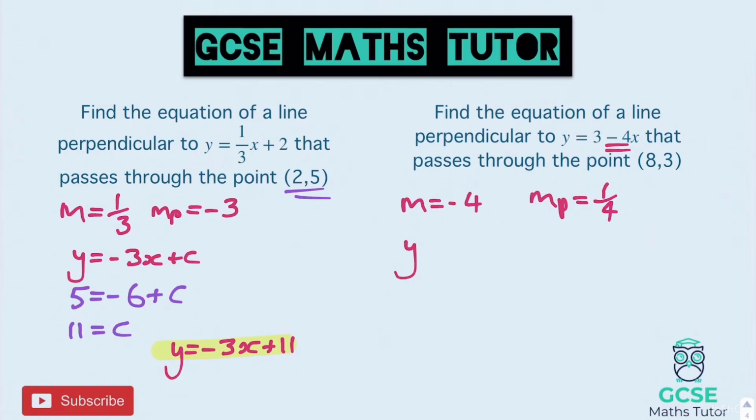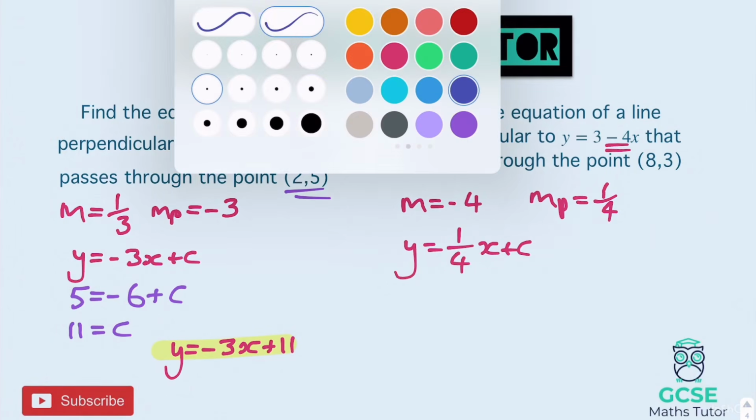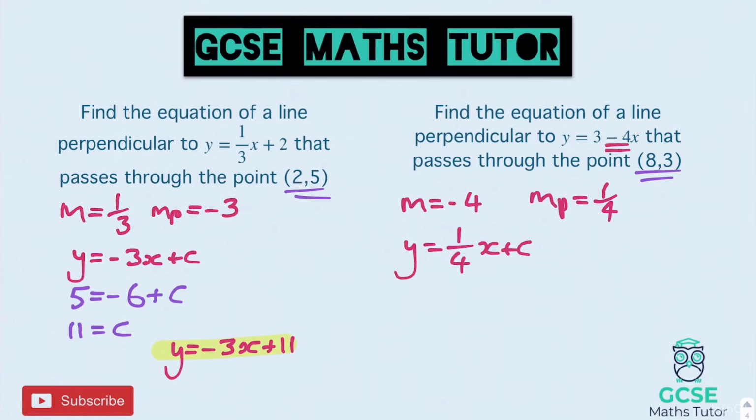Sticking that into our line equation, y equals 1/4 x plus c, and then subbing in our coordinate there, which is 8, 3 this time. So 3 equals, and I'm going to write the working out for this one, 1/4 times 8 plus c. And we can do 1/4 of 8, or 8 quarters, we get 2. 1/4 of 8 equals 2.